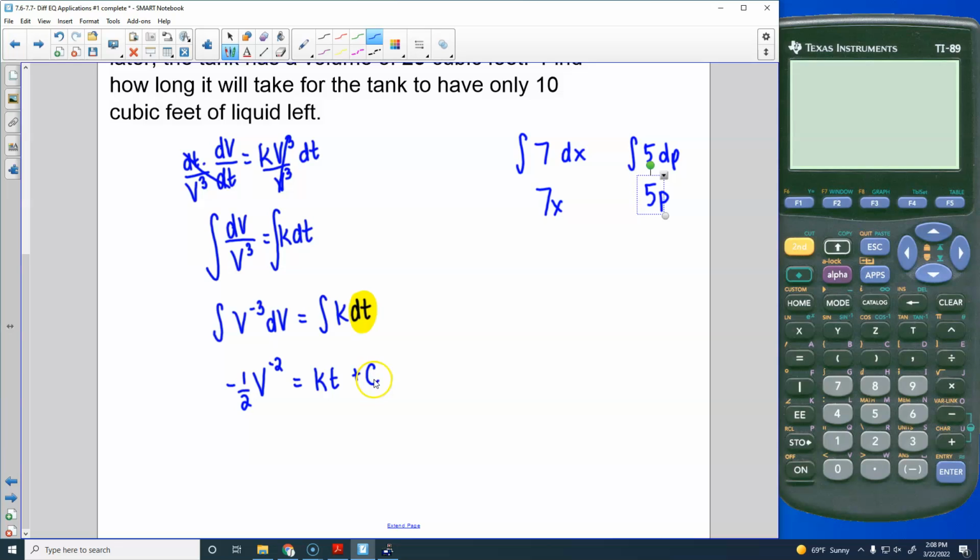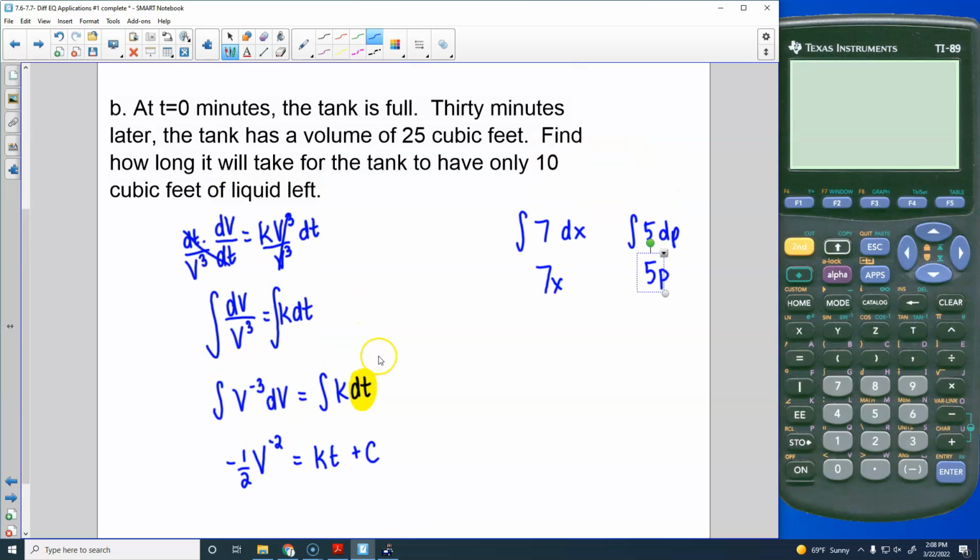Sometimes it's a point just for the plus C. Would it just ask you this and it would be worth 6 points? It would just ask you this and it would be worth 6 points.